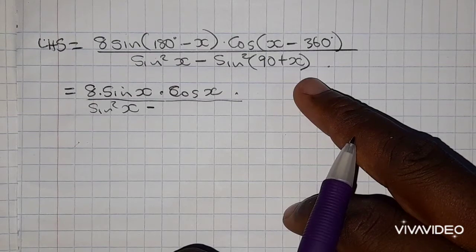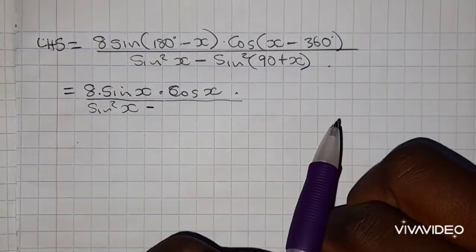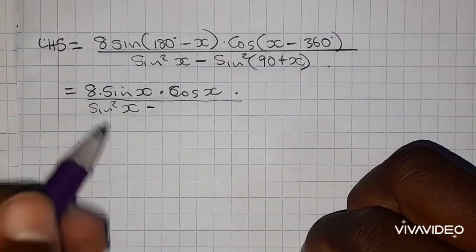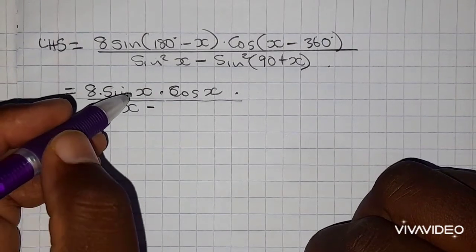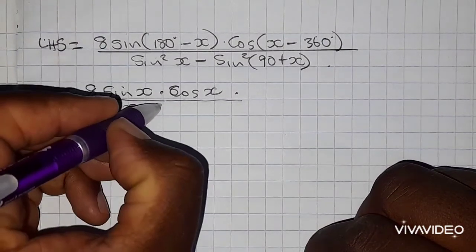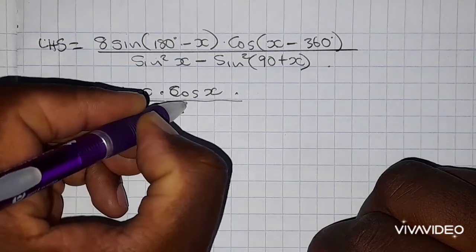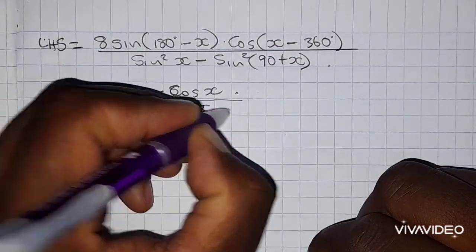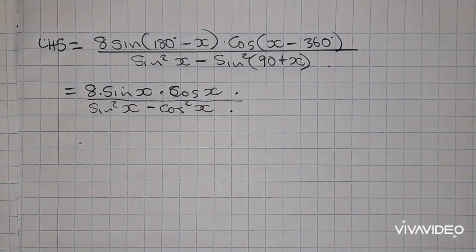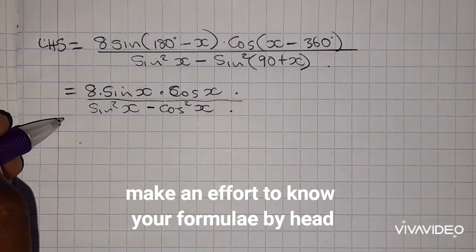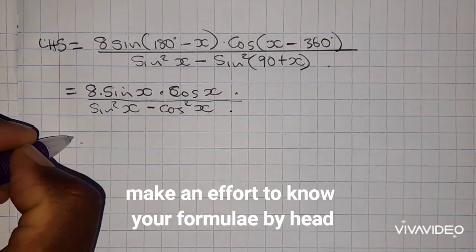We find it in the second quadrant. 90 plus x is in the second quadrant, and sine in the second quadrant is positive. So this one becomes cos x squared. And this is going to be equal to what?